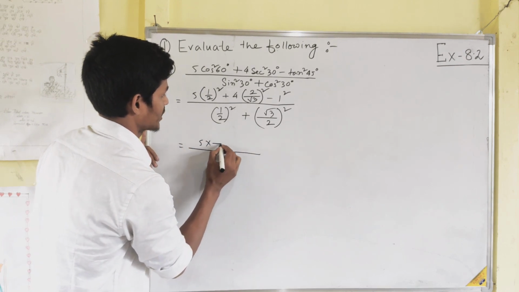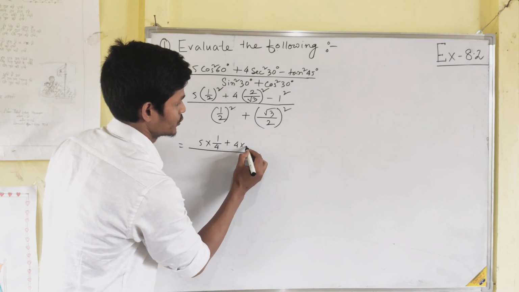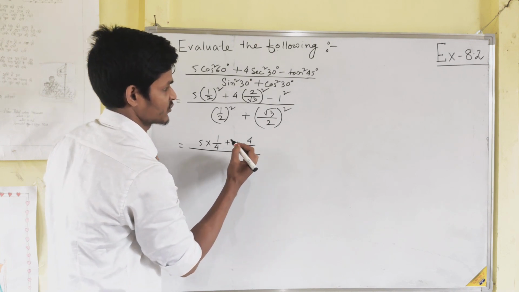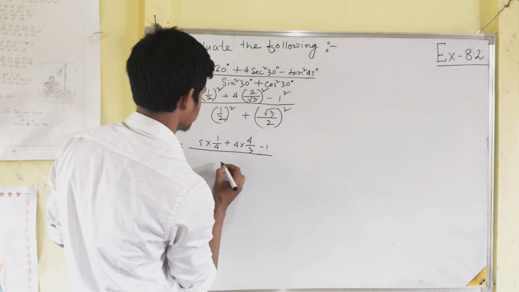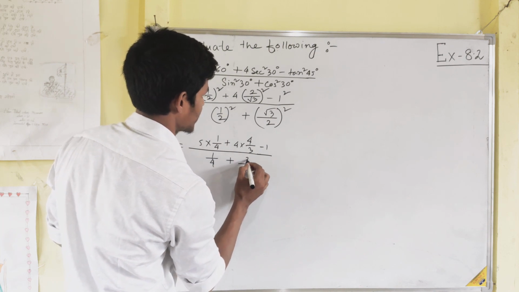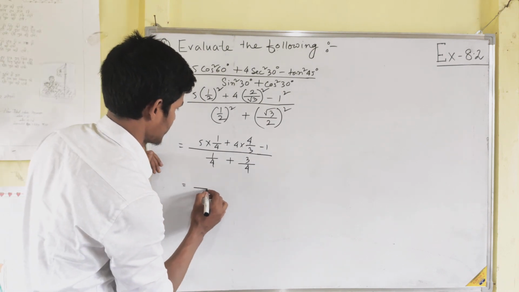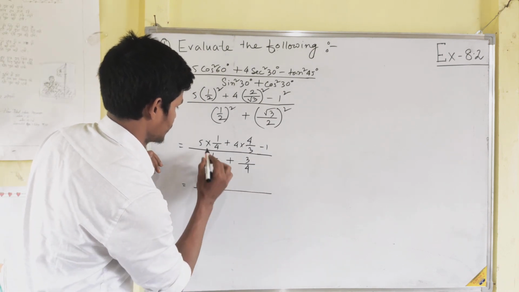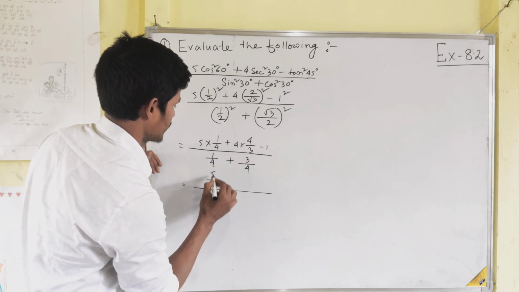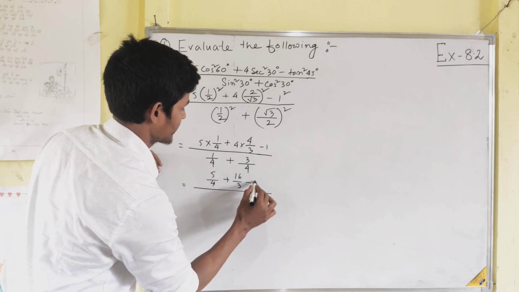Okay. So now square the terms. 5 into 1 square is 1, 2 square is 4, plus 4 into 2 square 4, root 3 square is 3, minus 1. 1 by 4 plus root 3 square is 3 and 2 square is 4. Now 5 by 4, 5 ones are 5, plus 4 4s are 16 by 3 minus 1.